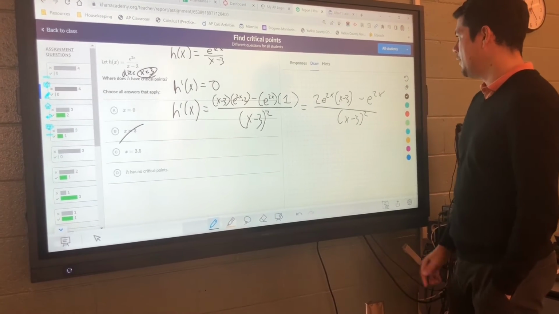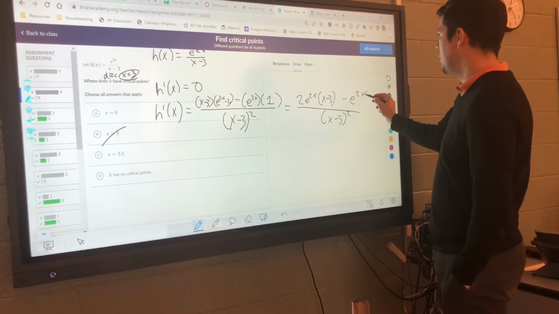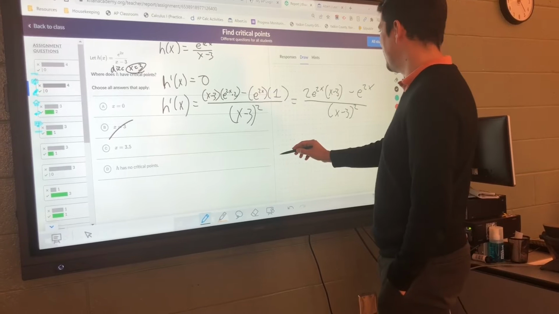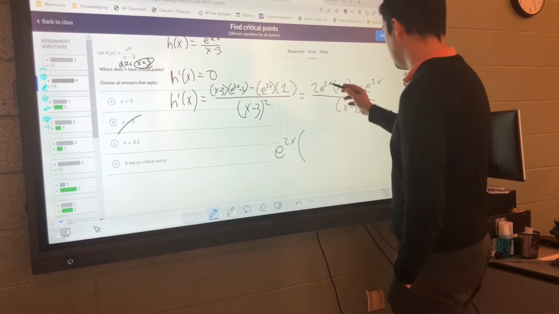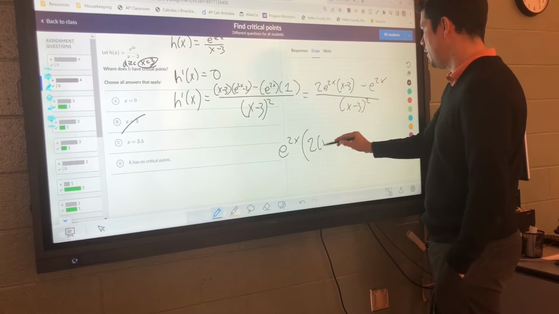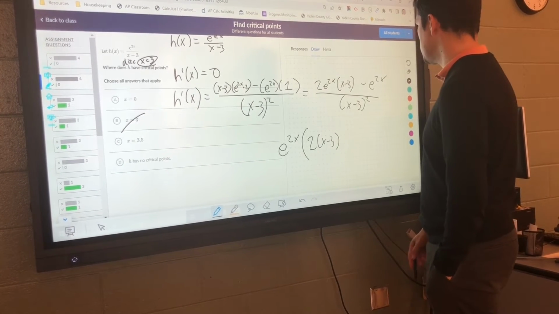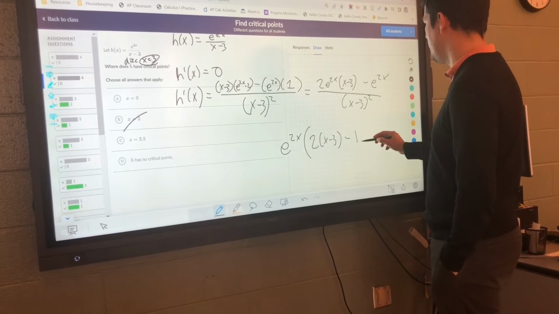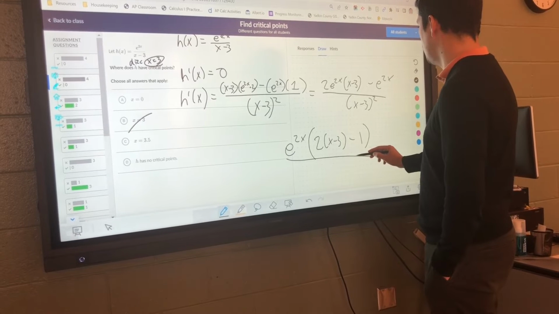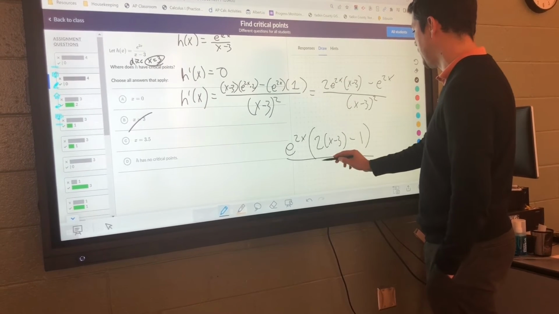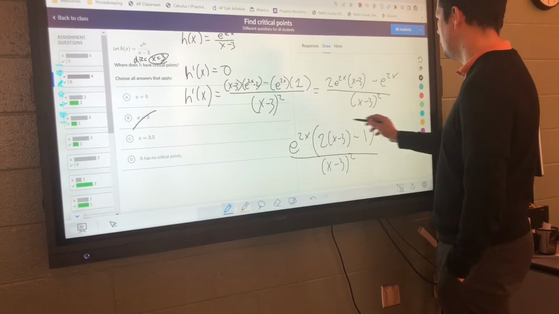I can clean it up even further because I have two factors of e to the 2x. So I can say e to the 2x times 2 times x minus 3, minus 1, all over x minus 3 quantity squared. Let me make sure I didn't mess that up.